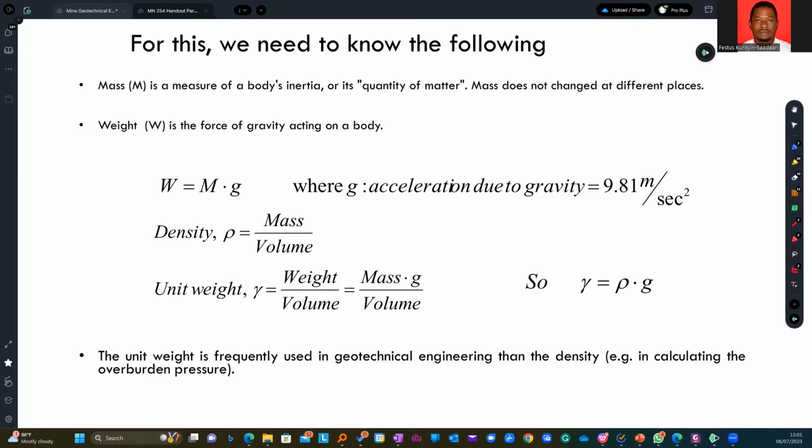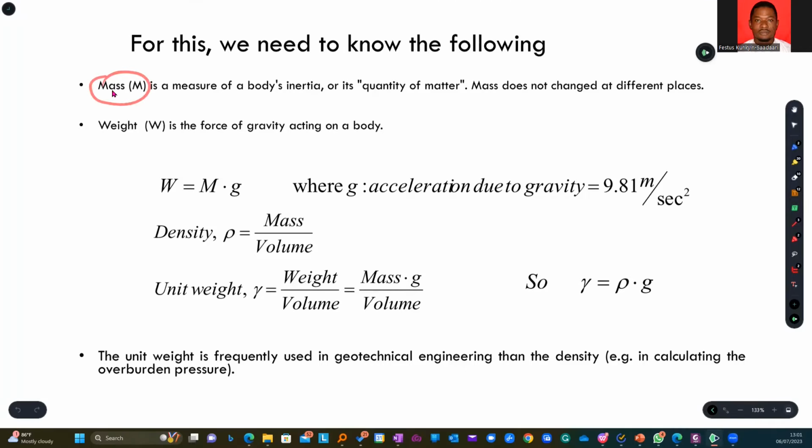So for us to be able to do some computation regarding some of these phase constituents within either a porous rock or a given soil sample, we need to understand some fundamental definitions. We have to understand that there is a term, mass, which is the measure of a body's inertia or its quantity of matter, and usually does not change irrespective of one's location in the universe.